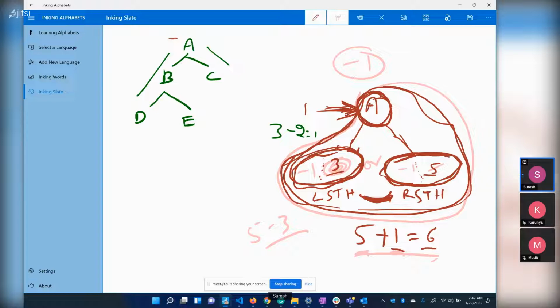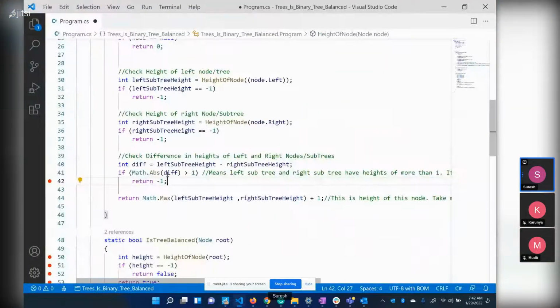That is the reason, before we calculate the height, we check whether this difference is greater than 1. Absolute means it doesn't matter whether you do left minus right or right minus left. We'll take the absolute value.